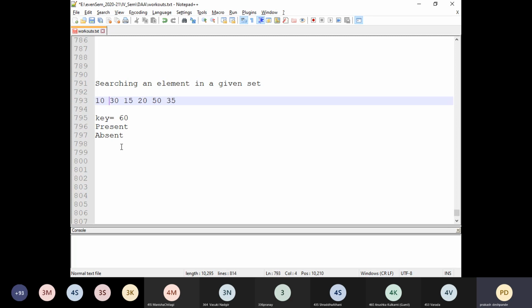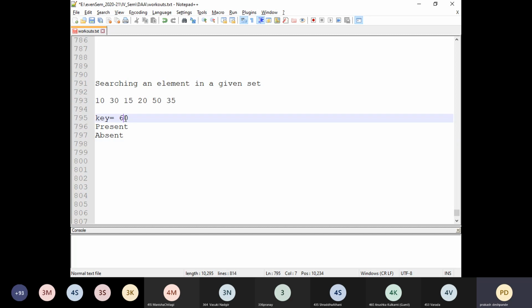If we think that it cannot be further divided and there is no solution, meaning that the element we are searching for was not found in the smallest sub problem, then the solution for the given problem is that the element we are searching for is absent in the given list.